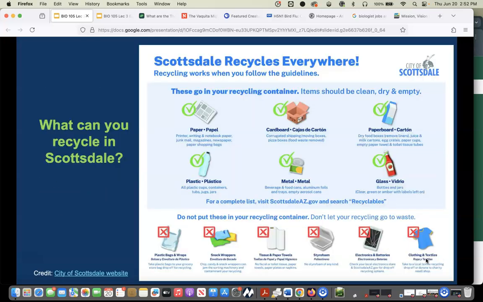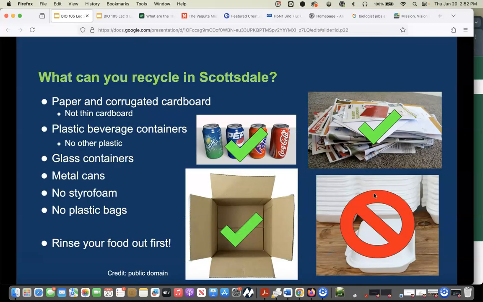This is actually harmful to recycling because the resources that have to be put into pulling these out are great, and it decreases the resources that we can put into actually doing the recycling. So what you can recycle in Scottsdale: paper and corrugated cardboard, yes, you can recycle this, okay?